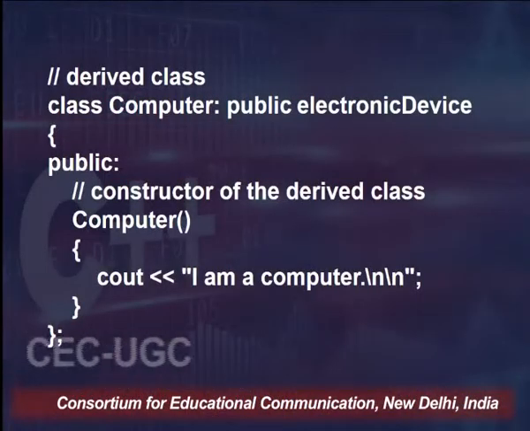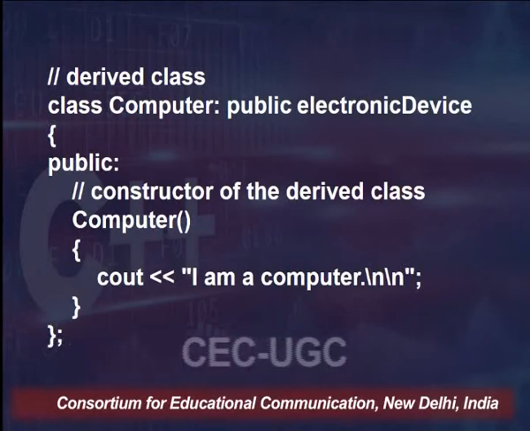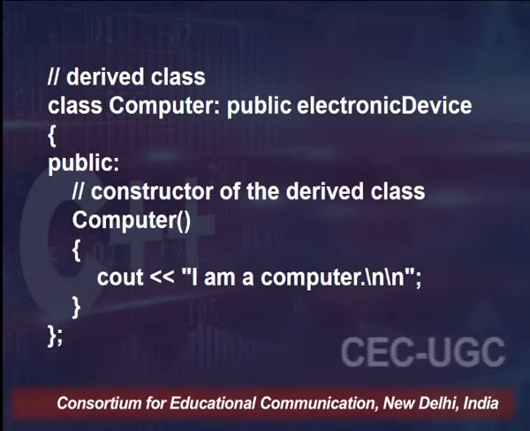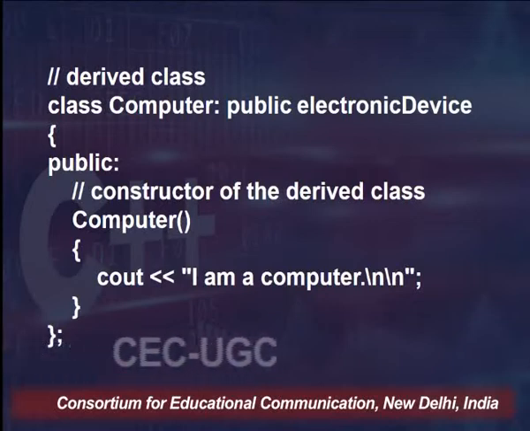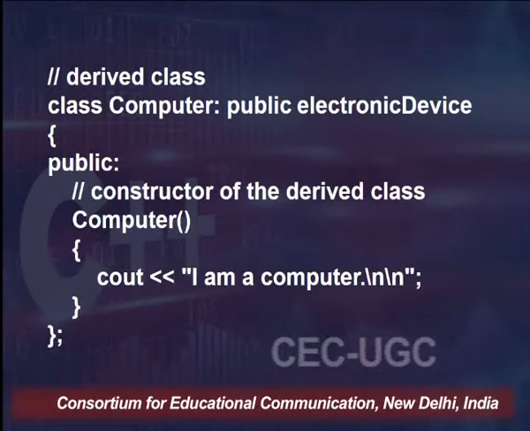Now the ElectronicDevice class had only one public member function, which was the constructor. So similarly you can imagine the class Computer as having two public members.